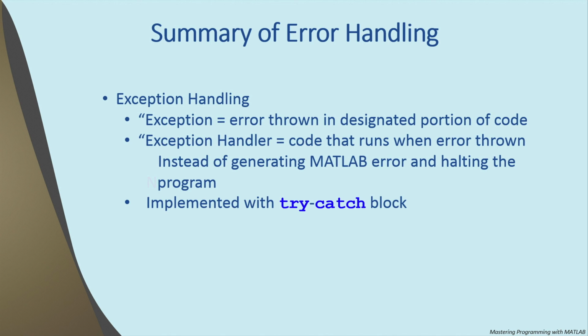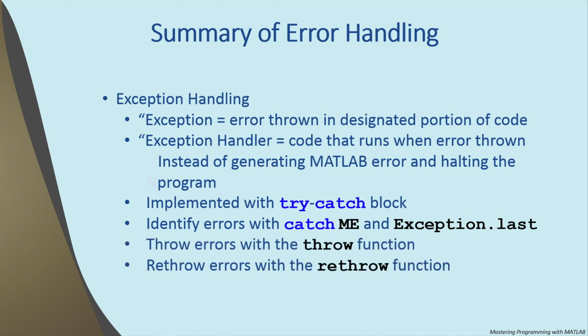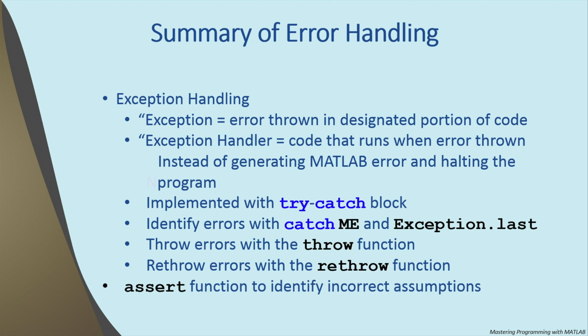We then learned how to identify particular kinds of errors with an exception variable in the catch block and the command exception.last, and how to throw errors ourselves and rethrow them. And we looked at example code in which identifying kinds of errors and throwing and rethrowing errors helped us to write robust code. Finally, we introduced the assert function, which can help us during debugging to identify incorrect assumptions about the relationships among our variables.